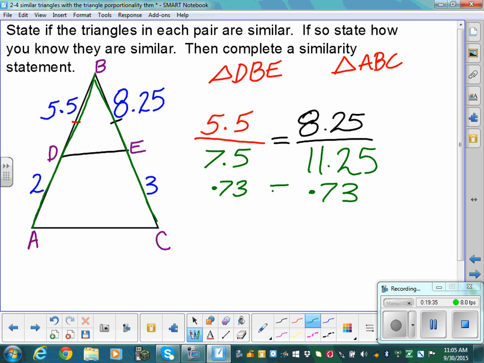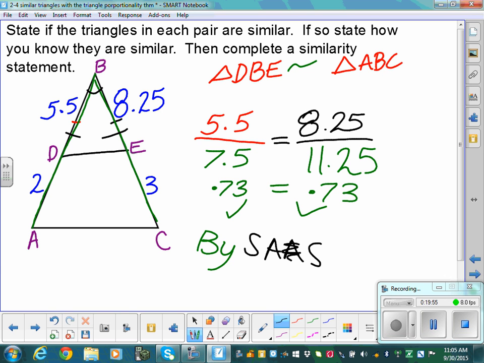So 0.73 is equal to 0.73. So yes, they are similar. So now I can click this. They are similar, and we have to know by what. Now this one is side, angle, side.